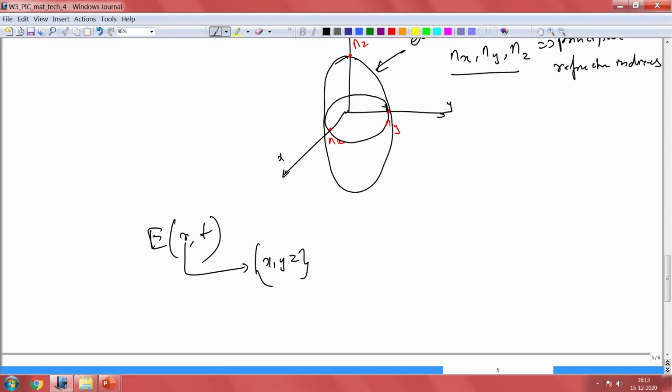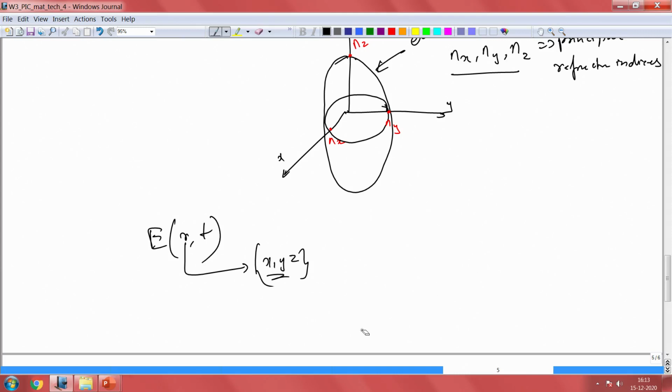Assuming that you are looking at a snapshot, and the light is propagating along the z direction, what is important is that the electric field will have two components, x and y, because the wave is vibrating in the xy plane and moving along z.